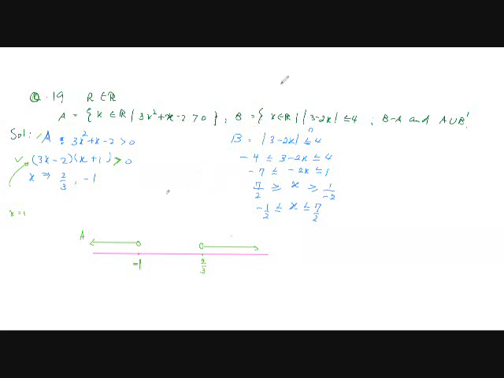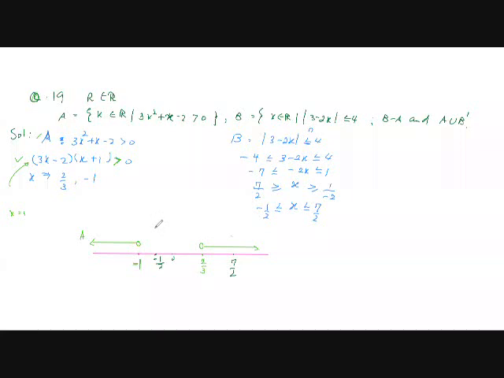B is what? B is x between, so -1/2 should be somewhere here, right? If we say 0 is right here, then -1/2 is going to be somewhere here. And 7/2 is going to be somewhere here, assume here. And between, right?